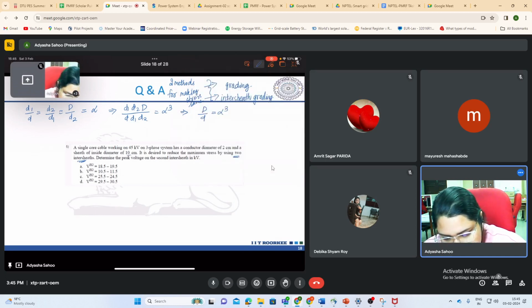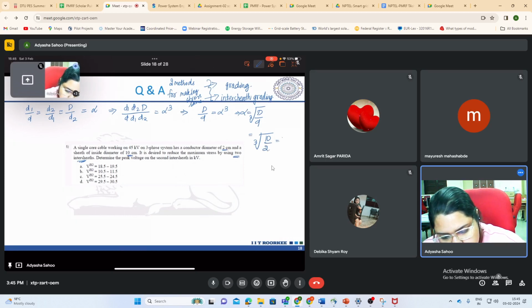So here I get alpha as cube root of 10 by conductor diameter 2.